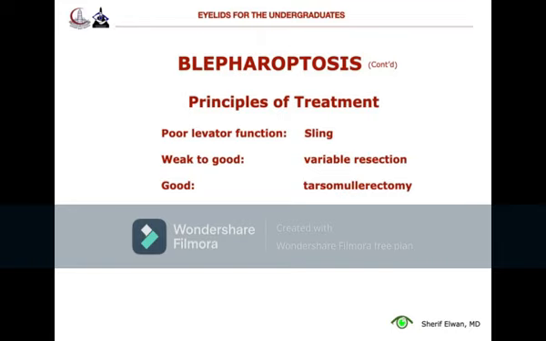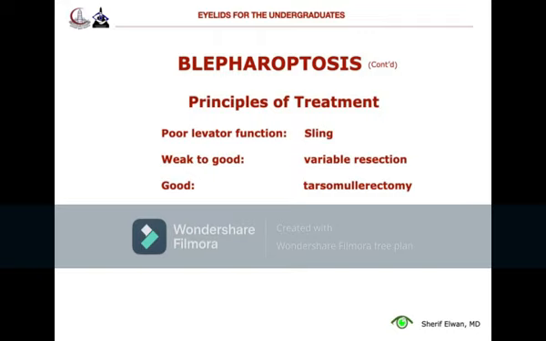Now, the treatment of blepharoptosis involves many surgeries, but the main 3 surgery lines are the frontalis sling, the variable resection of the levator palpebrae superioris, or tarsomullerectomy.